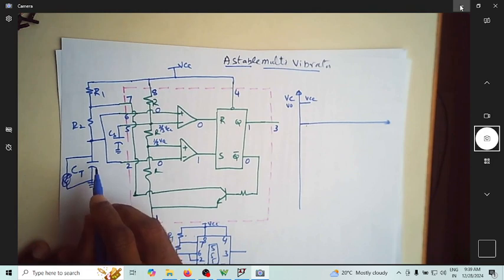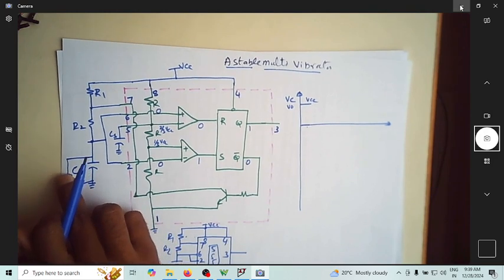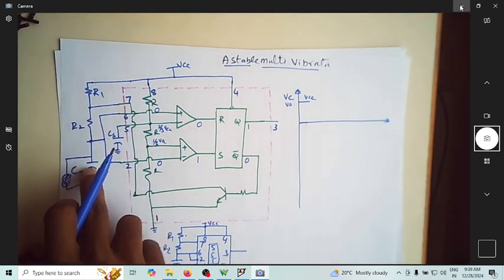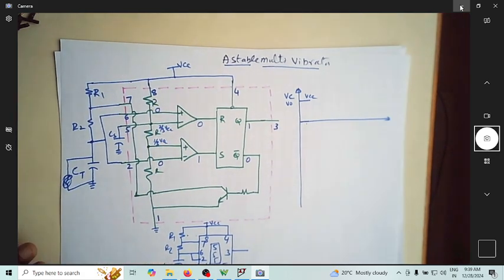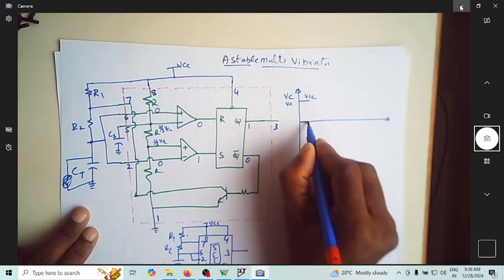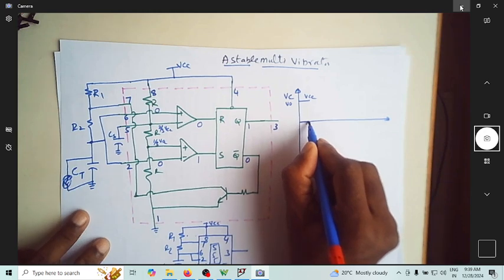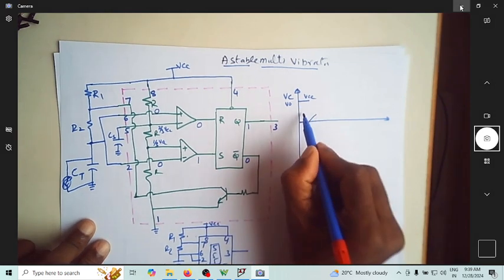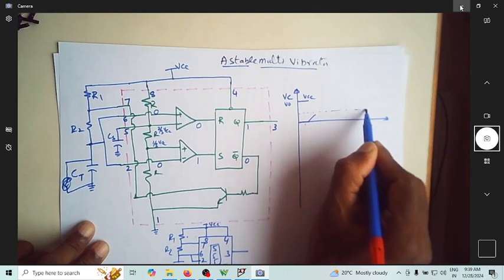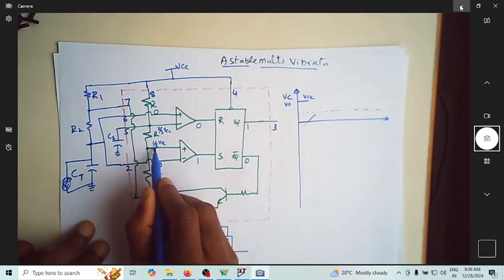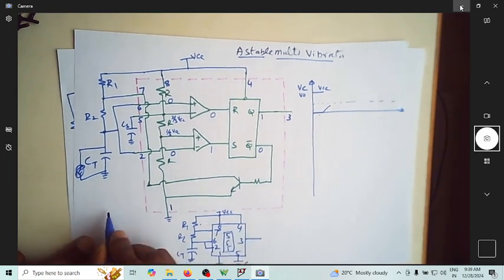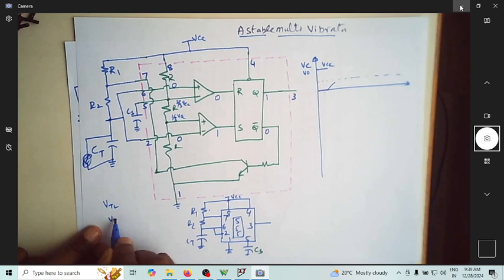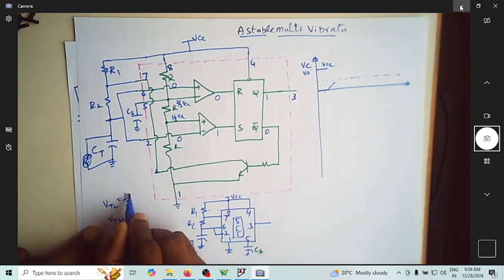Now I will open this switch. Whenever I open it, the capacitor starts charging. Let us consider the positions corresponding to 1/3 VCC and 2/3 VCC, which we call VTL and VTH. 1/3 VCC is the lower threshold voltage, and 2/3 VCC is the upper threshold voltage.